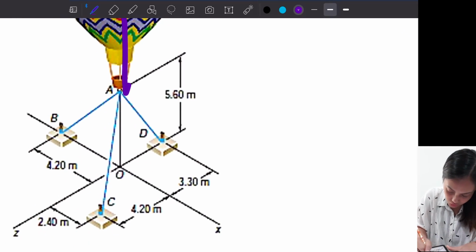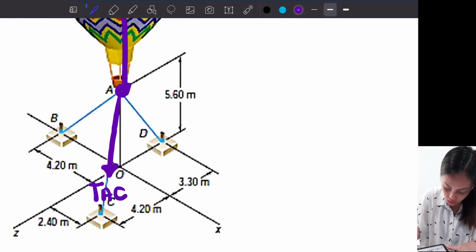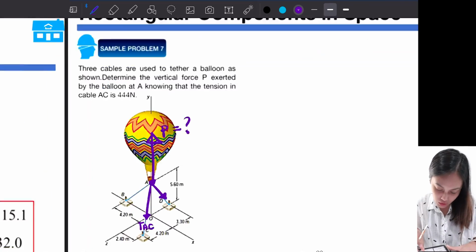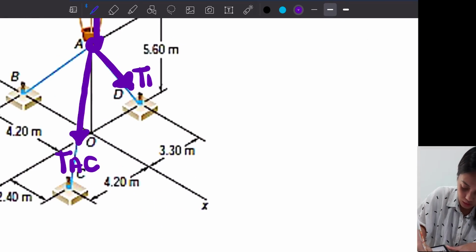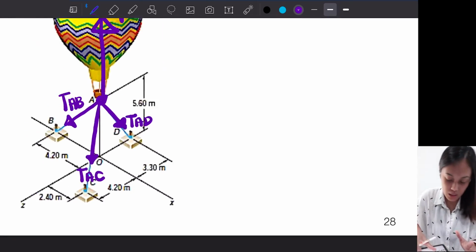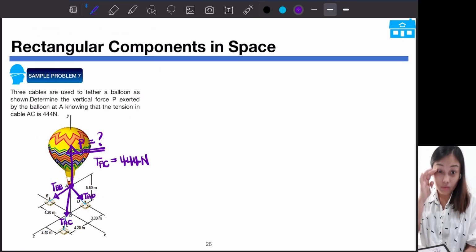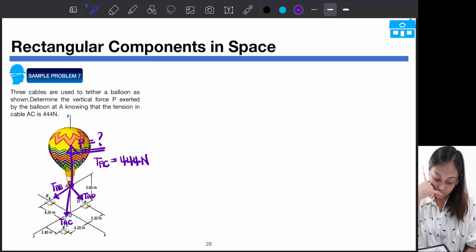Tapos sa itong figure, this is TAC, another cable TAD, and TAB. Given the tensile force TAC na 444 newtons. So, unsa dayon ang force P.